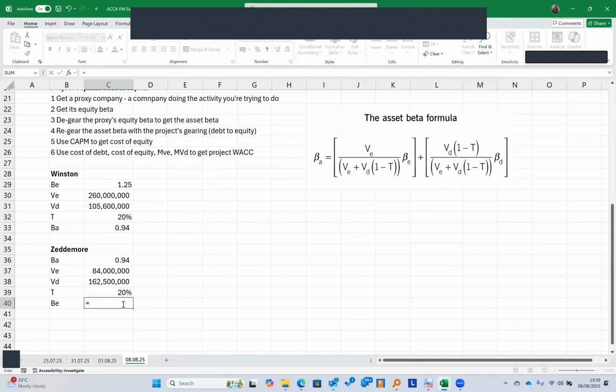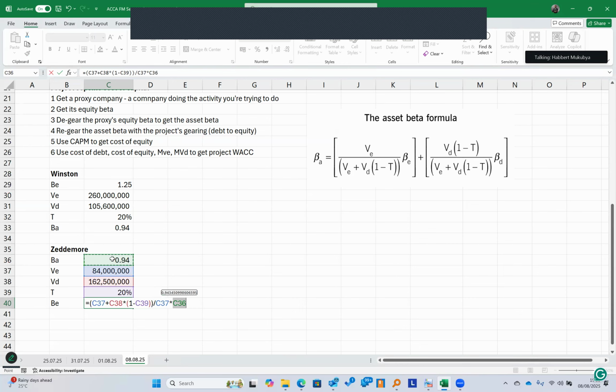So it shall be value of equity plus value of debt multiplied by 1 minus tax, divided by value of equity, times the asset beta.